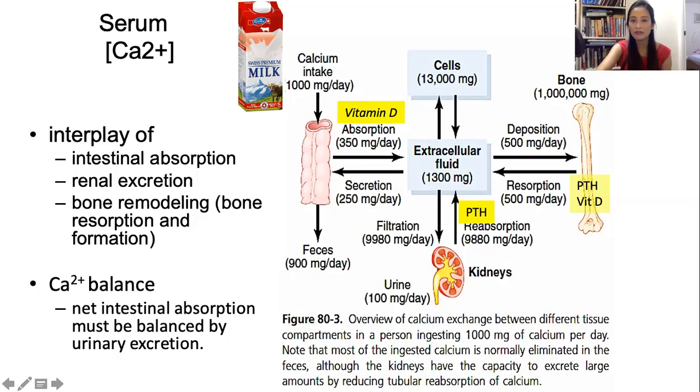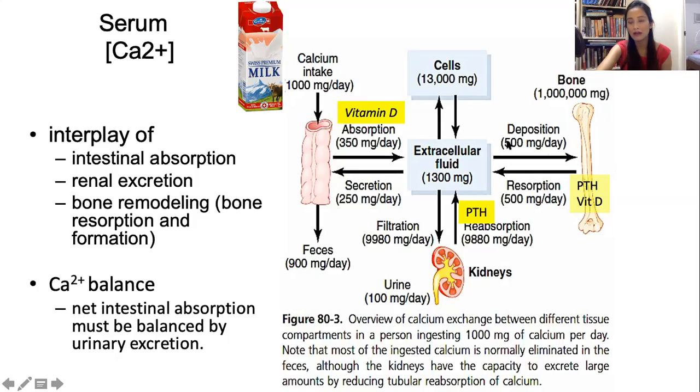Now, your bones also play an important part in the level of your serum calcium. Approximately 500 milligrams per day of calcium is deposited into your bones, and if bone formation is balanced, the deposition is equal to resorption.